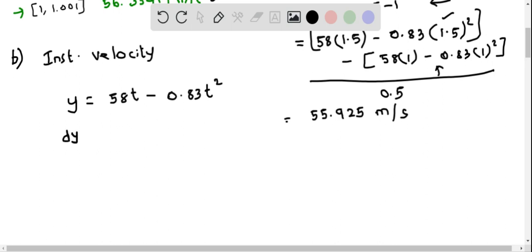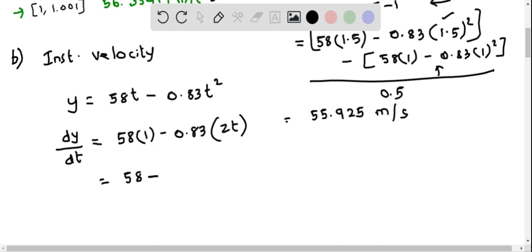When I do that, differentiation of y with respect to time is dy over dt, and this is 58 times differentiation of t is 1 minus 0.83 times differentiation of t square. When we use the power rule, we get 2t. So let's simplify this. This gives 58 times 1 is 58 minus 0.83 times 2 gives 1.66. We then have t.